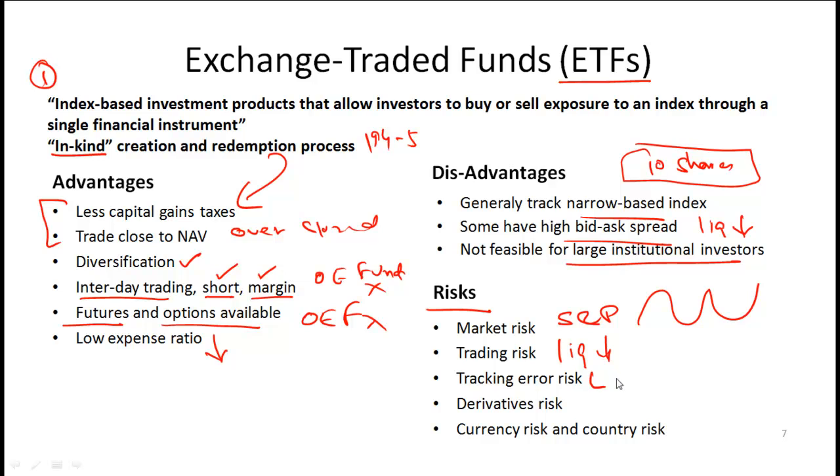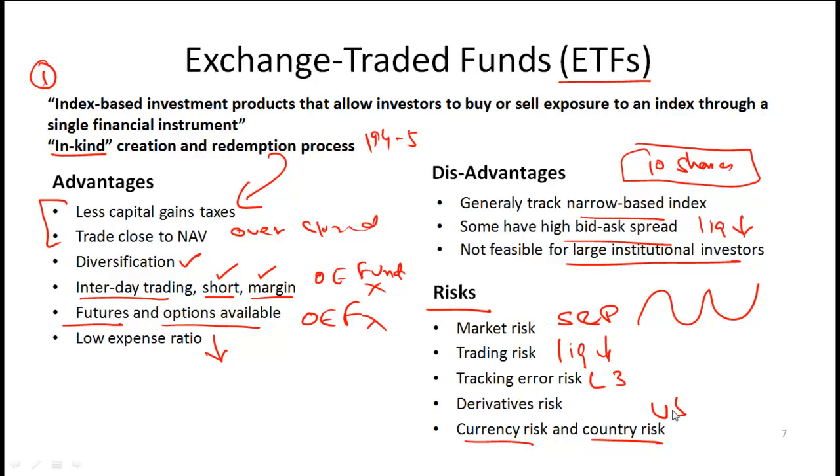The reasons we will discuss in level 3. At this point, just know that tracking error means that the return on the ETF might not properly track the underlying index. If there are any derivatives involved in the exchange traded fund, then there are risks associated with the derivatives, and not surprisingly that risk is called derivatives risk. And finally, there is currency risk and country risk.